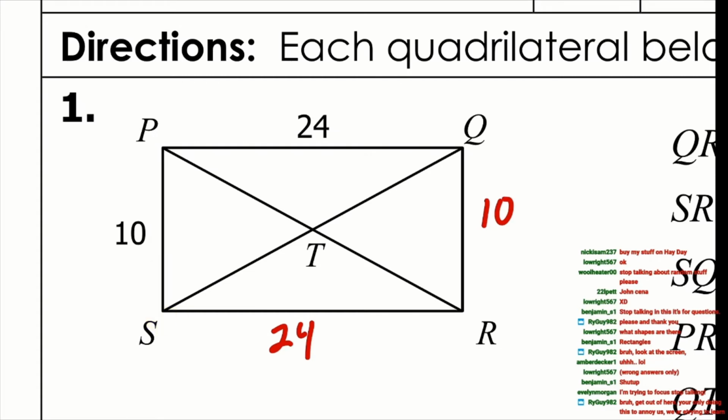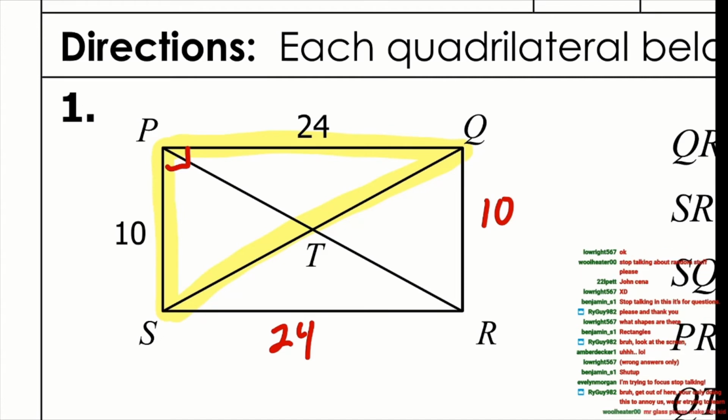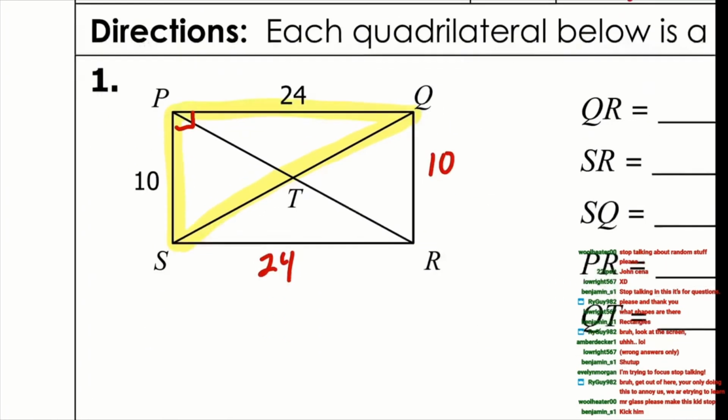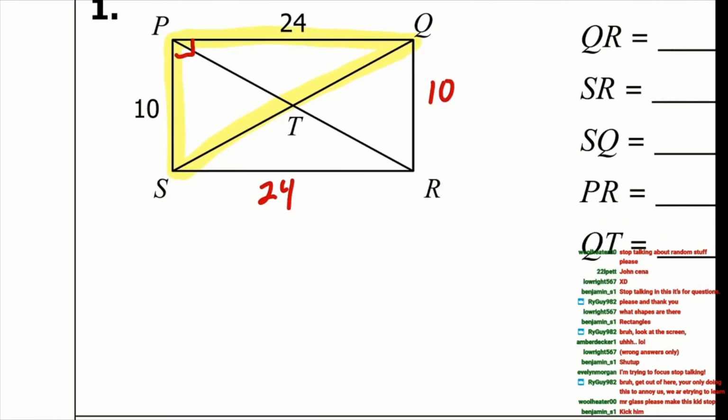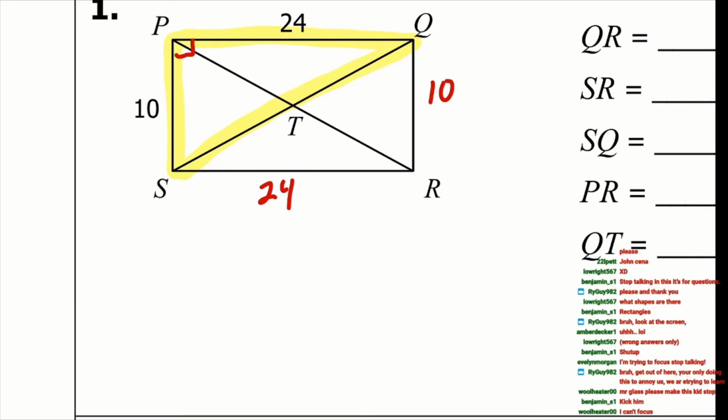So if I highlight, it should become obvious how we can find the length of one of these diagonals. It's going to be Pythagorean theorem. So let's apply Pythagorean theorem. We're going to find the length of the diagonal, and the diagonal in this case is the hypotenuse. So why don't you guys do that?